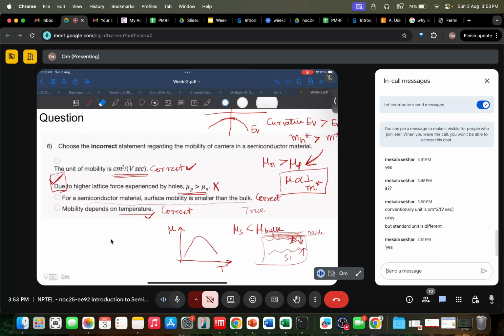So you can also see here the drift velocity VD can be centimeter per second, and the electric field will be volt per centimeter, so mobility is centimeter square per volt second.